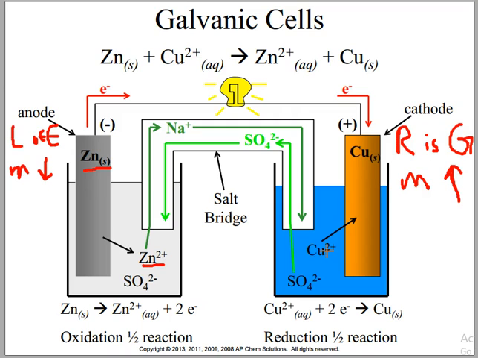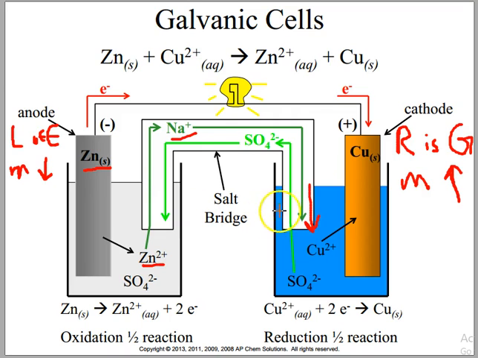So as the sulfate ions leave the salt bridge into the oxidation half cell, sulfate ions are sucked into the salt bridge from over here. As the sodium ion leaves the salt bridge and comes into the reduction half cell, the zinc ion enters into the salt bridge.